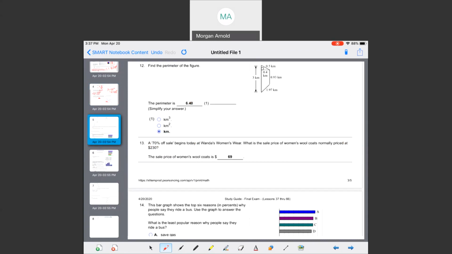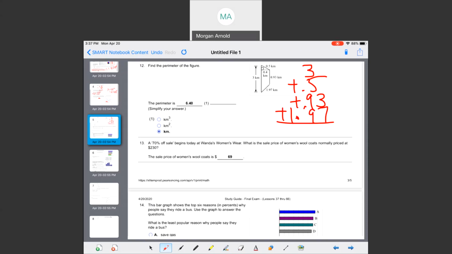Question 12, I'll just walk you or talk you through this one. Find the perimeter of the figure. You don't worry about the height, you're worried about the outside sides. So you just take 3 plus 0.5 plus 0.93 plus 1.97.